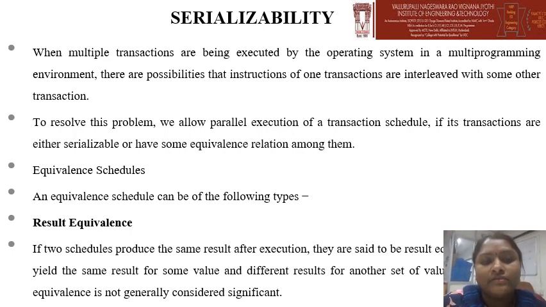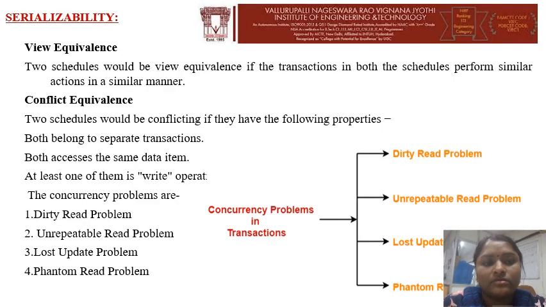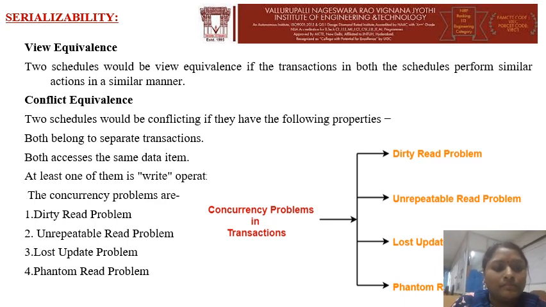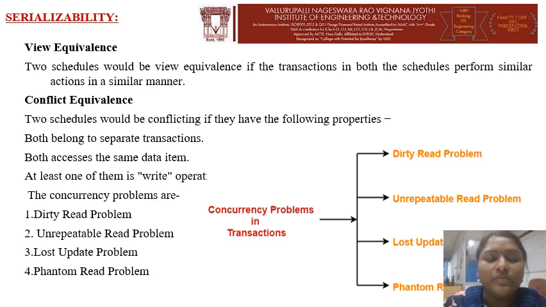To find out, there are many methods: view equivalence, conflict equivalence, and other kinds of equivalence. View equivalence ensures that both schedules look similar and perform similar. If you find that two transactions have started, been performed and ended in the same sequence, then we can say it is view serializability.